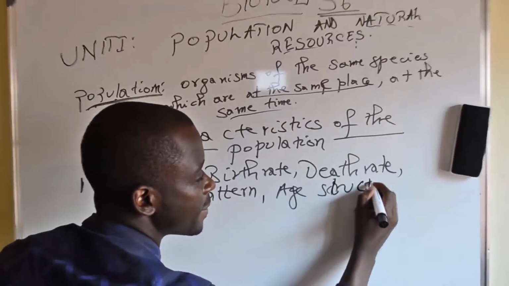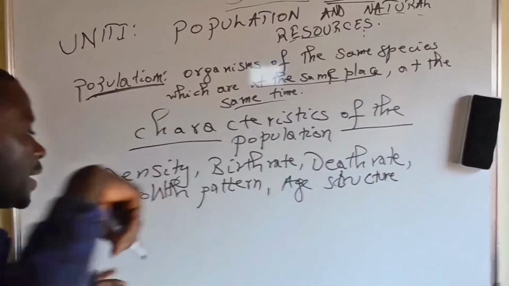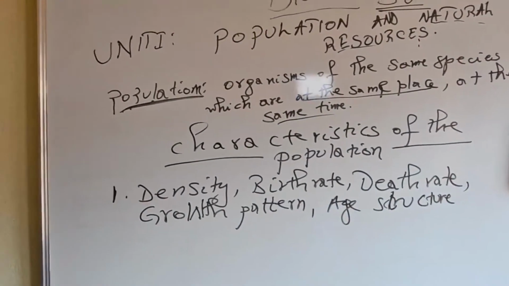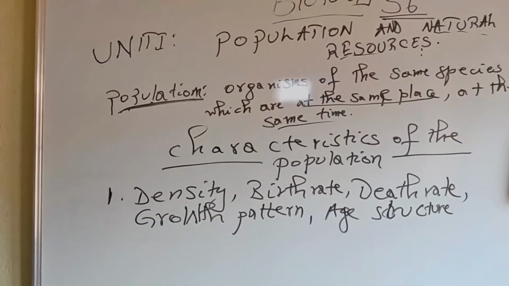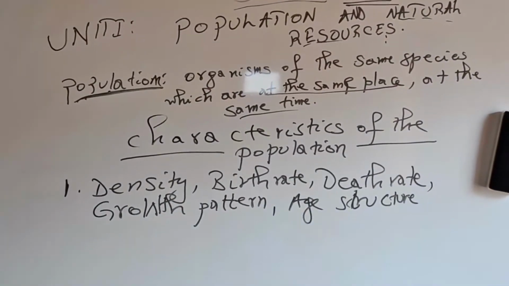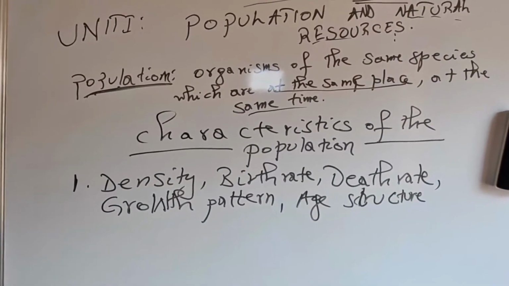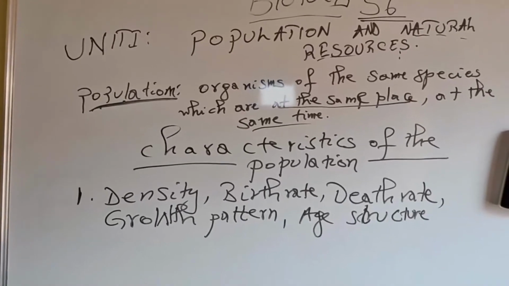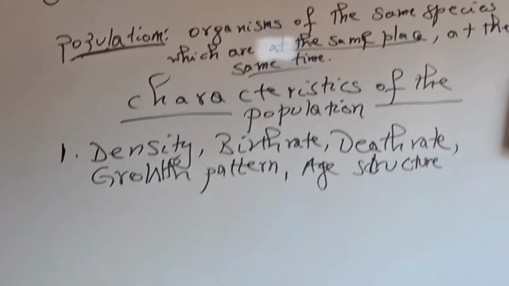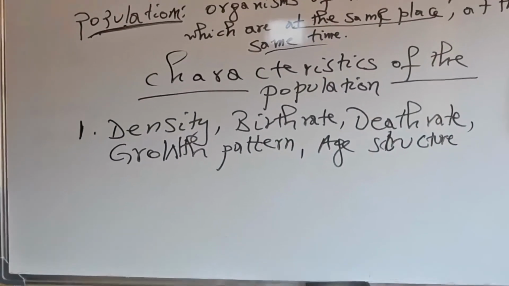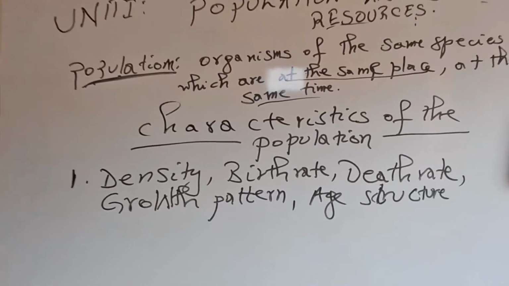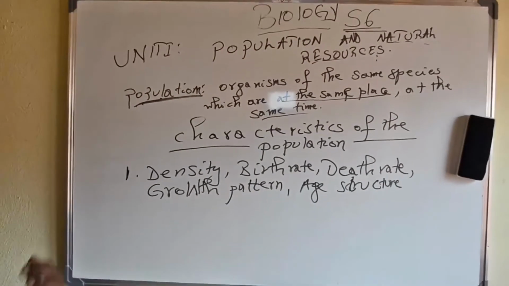Density, birth rate, death rate, growth pattern, age structure. These are the key characteristics of the population, okay? Dear students, what's density? What's birth rate, death rate, growth pattern, age structure? What are these, okay? I know you are just curious to know them.